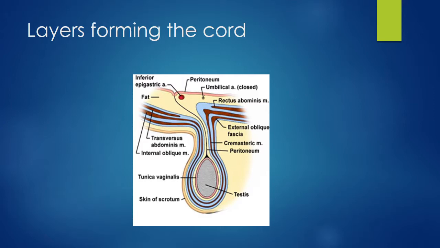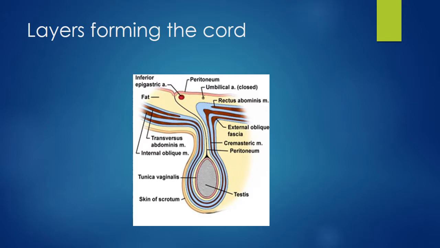This is a picture that depicts the formation of the cord and its several layers. One can appreciate that the core of the cord is this obliterated peritoneal extension of the tunica. If it persists, one gets an indirect hernia. The direct hernia would be a weakness in this area of the abdominal wall.